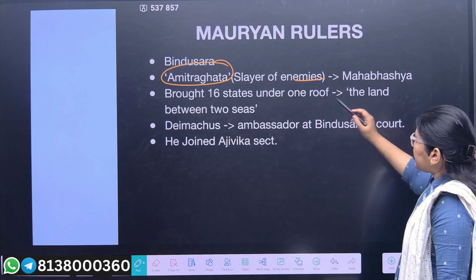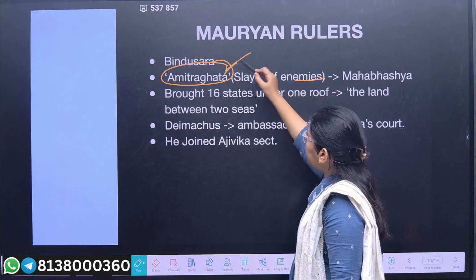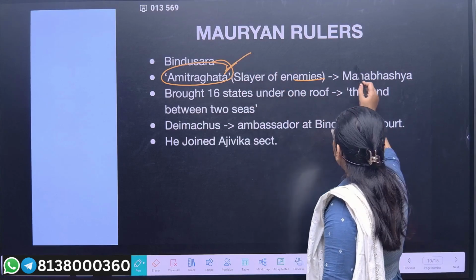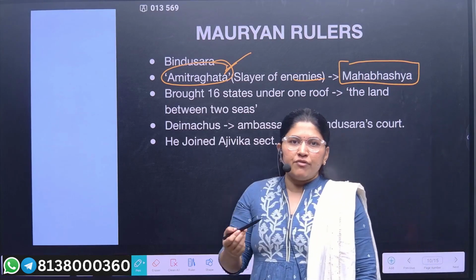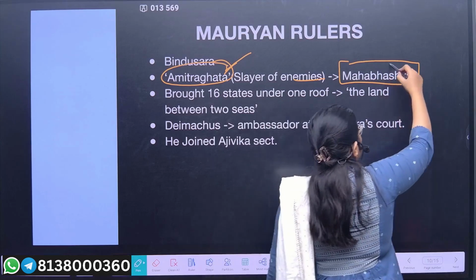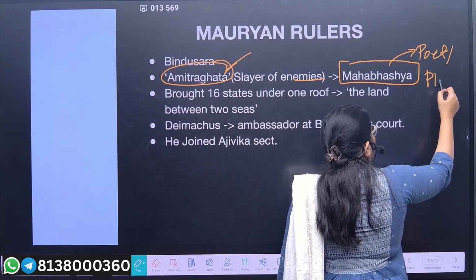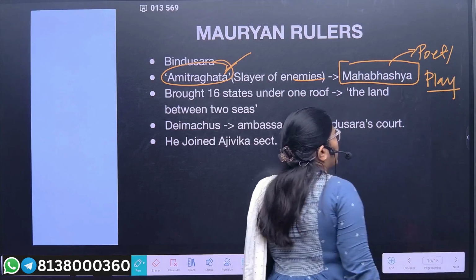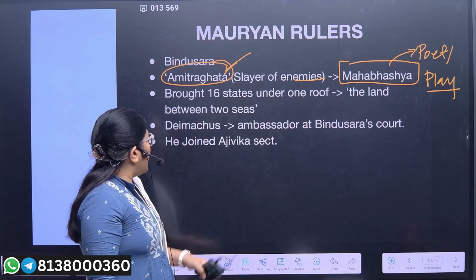This title to Bindusara is given in the Mahabhashya Kavya. Now Mahabhashya Kavya is a poem, and sometimes it is also taken into plays or drama. So here Bindusara is called Amitraghata.